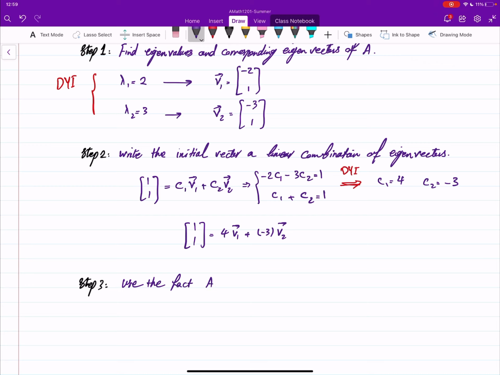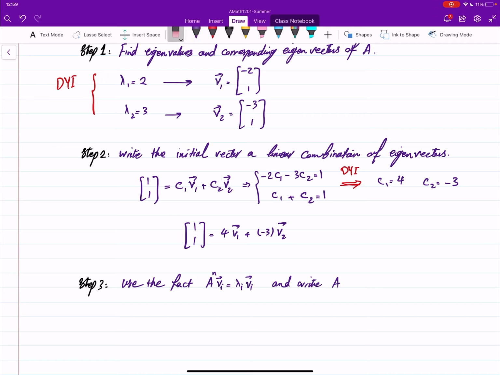Now use the fact that A times any of these eigenvectors, so A times V1 is lambda 1 V1, yes? If it is A to the power n, that will be lambda to the power n times V1. If you do V2, it will give you lambda 2 to the power n V2.